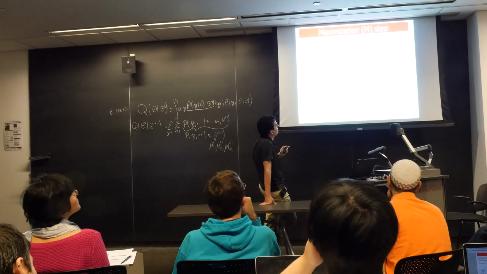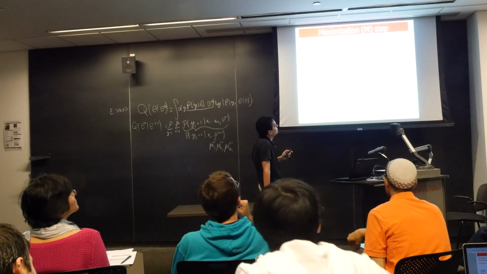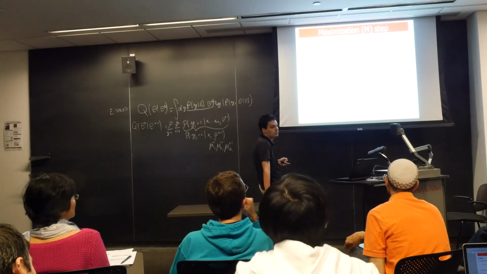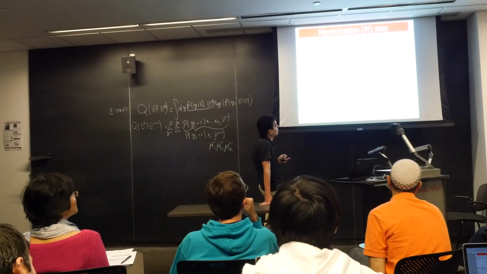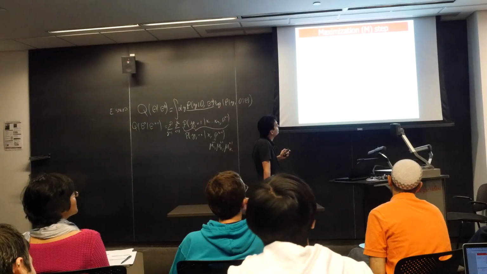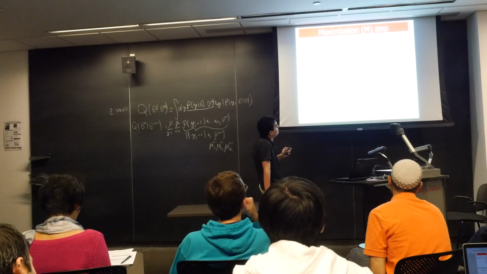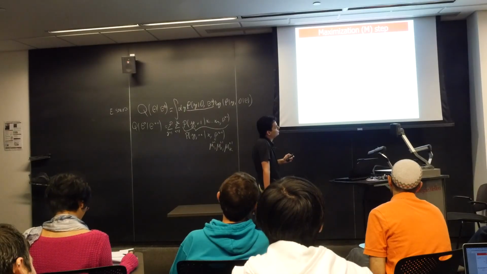This is just the conditional probabilities of the cluster labels. We calculated this in the E step, we need to plug them into this form in the M step, and then we need to maximize this in mu i t.